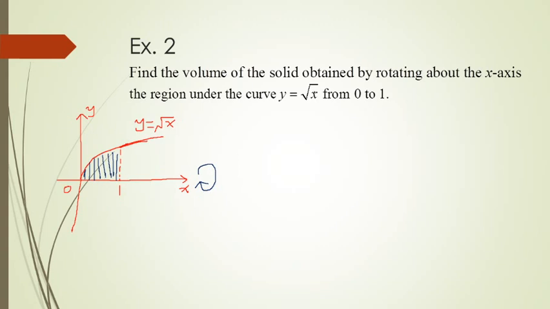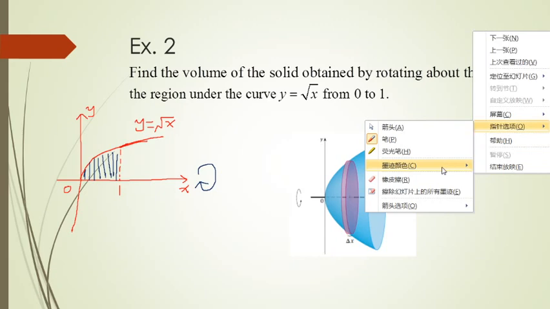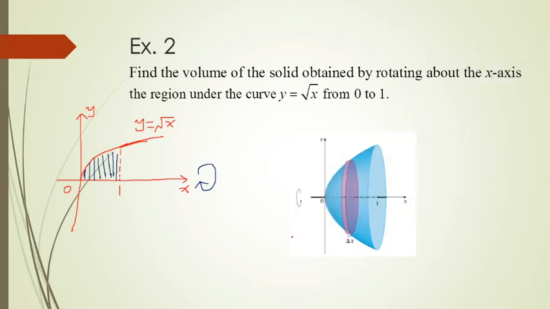You get a solid looking like this one. It's shaded in blue and looks like a trumpet. So you need to imagine the solid we get by rotating the region.